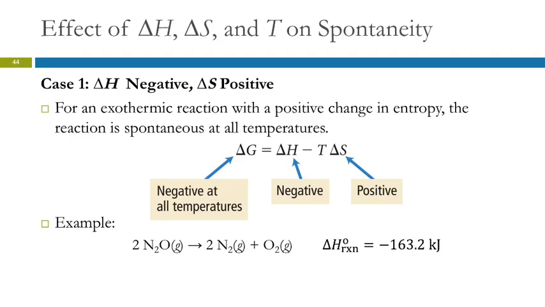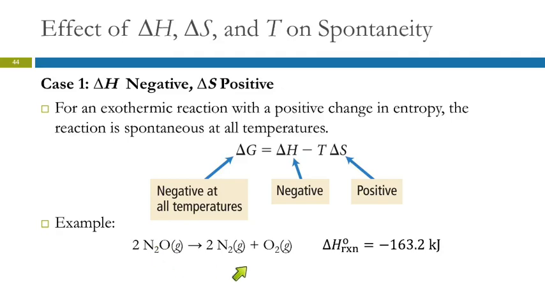If delta H is negative and delta S is positive, since we're subtracting T delta S, it doesn't matter what temperature this occurs at, delta G will always be negative. Make sense? There's no case in which we can have a positive delta G. So reaction with negative delta H, positive delta S will be spontaneous at all temperatures.